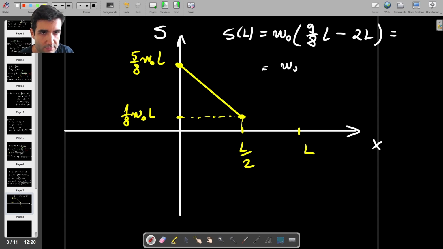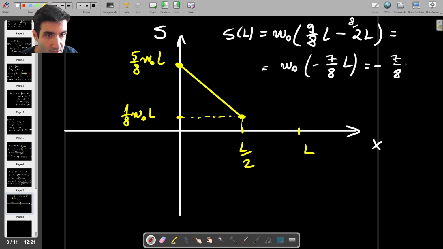So we have W naught, and then if I amplify this with an 8, this should be 9 minus 16, which should be minus 7 over 8 L, which is the same absolute value as the reaction force that we got. So that's that.